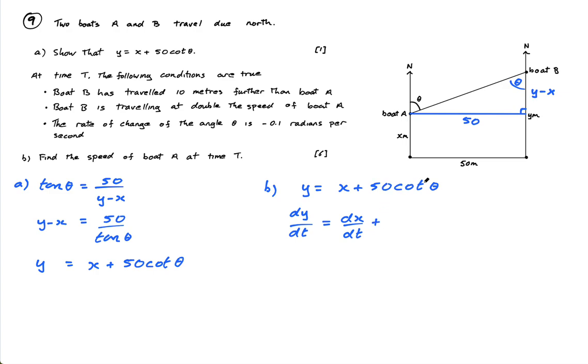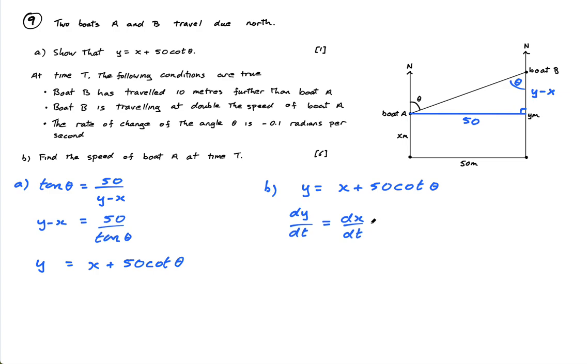The derivative of 50 cot theta with respect to t, well, you have to use chain rule because theta is a function of t. So this becomes the derivative of cot, by the way, guys.